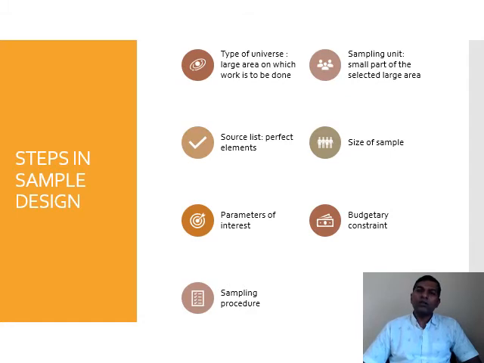So reaching the people, transportation, then getting data from those people, using paper, pen, etc., and then digitizing them, everything has a big budget requirement. So depending on the budget constraint, we can change the size of a sample also, because it is definitely going to affect a lot.